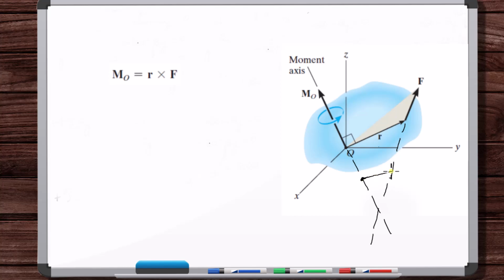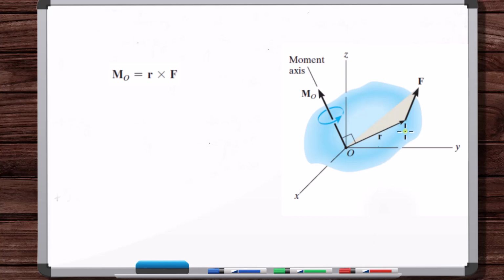So I did this as an R, and if I did R cross F in that situation and got the exact same moment vector, both magnitude and direction, and if that would happen for any point that I choose along this axis, then the moment vector would be a sliding vector. It's sliding because when you move it, it doesn't change the vector. It doesn't change the overall effect on the body.